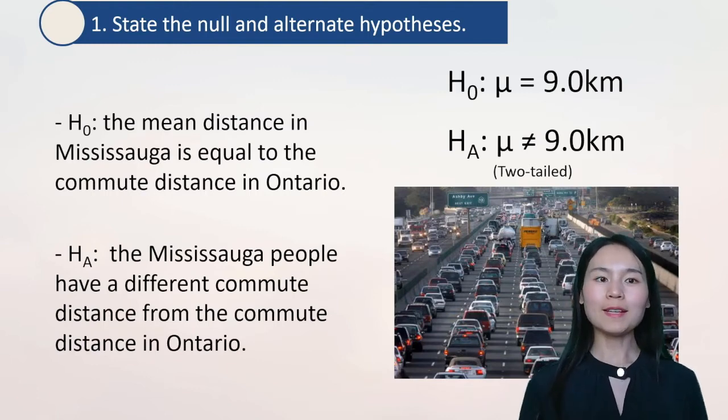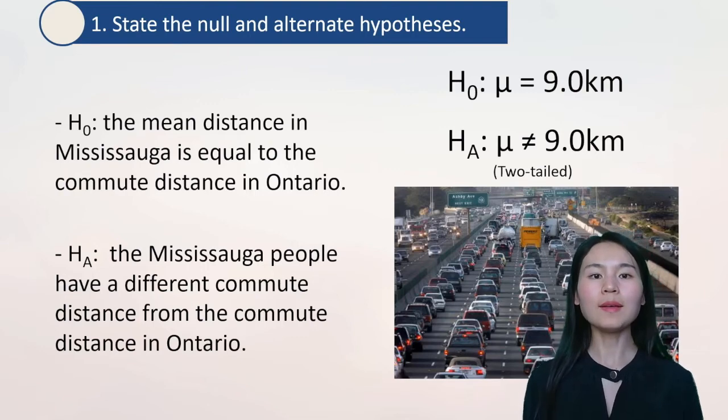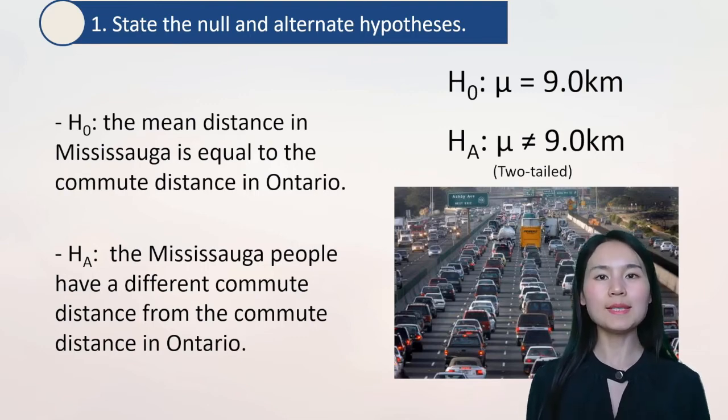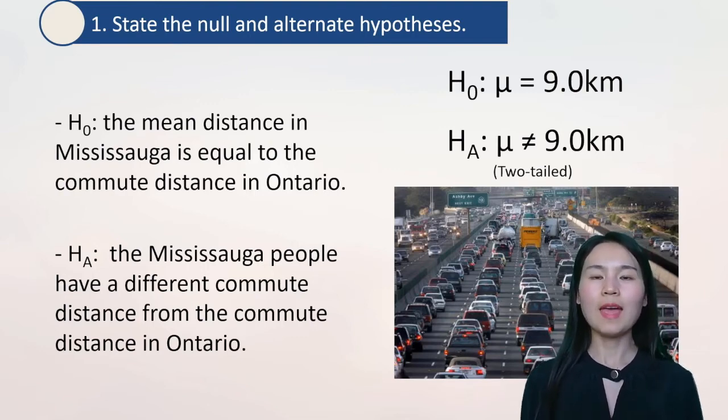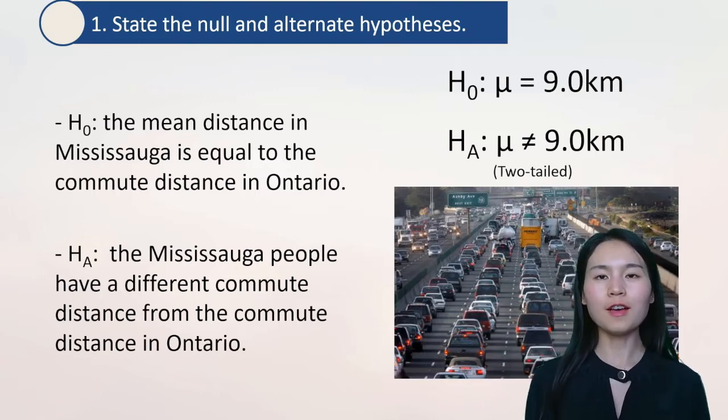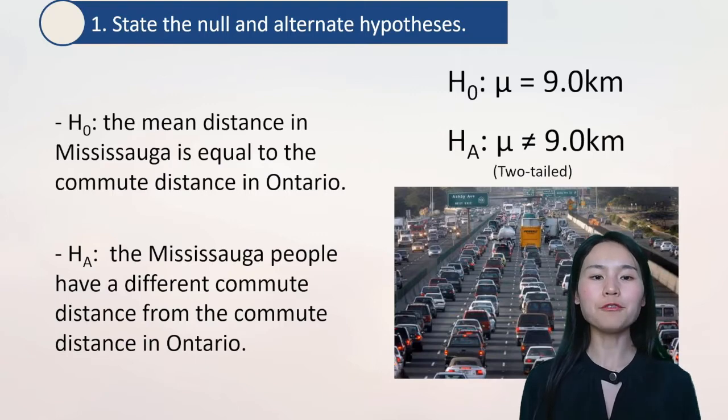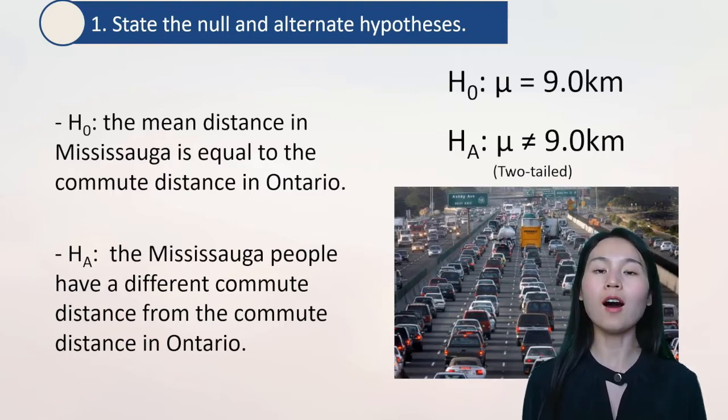Or you can write these in words like this. H0 is that the mean commute distance in Mississauga is equal to the commute distance in Ontario. HA, the alternative hypothesis, is that Mississauga people have a different commute distance from the commute distance in Ontario.